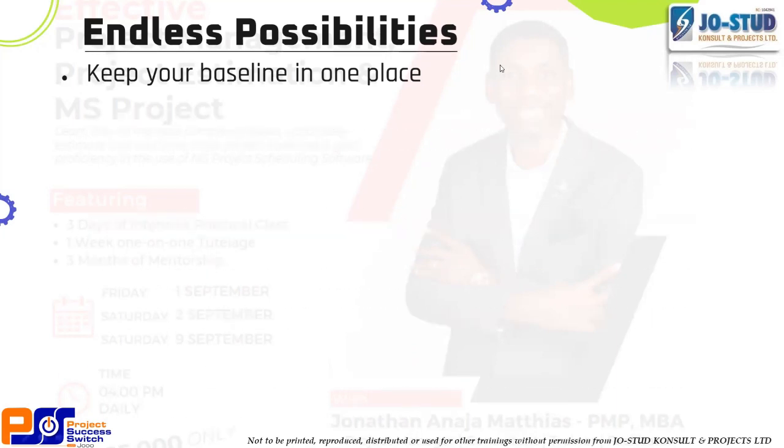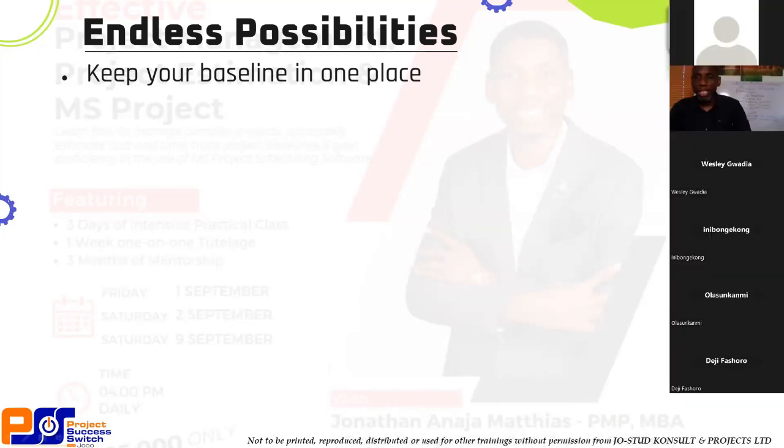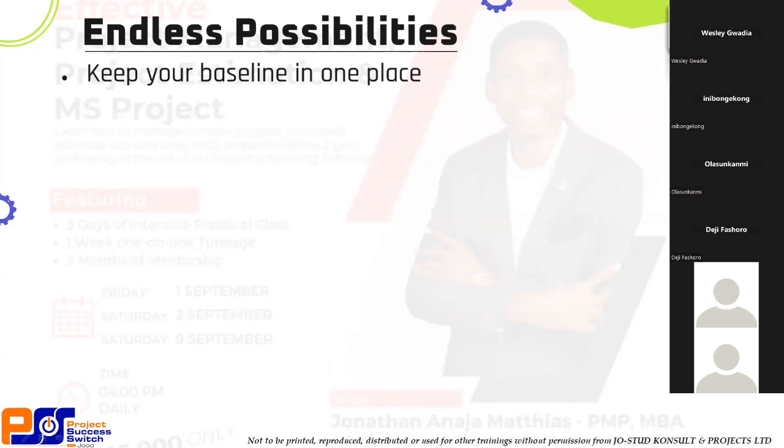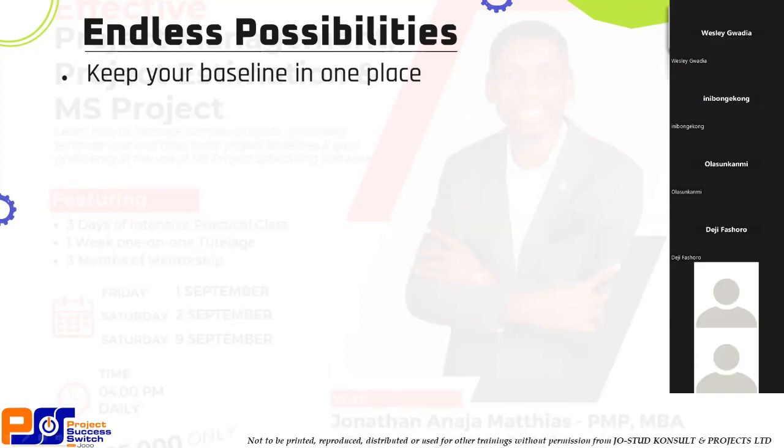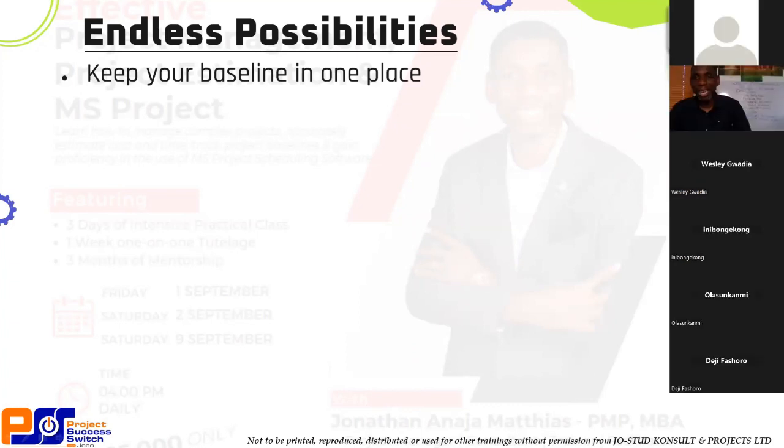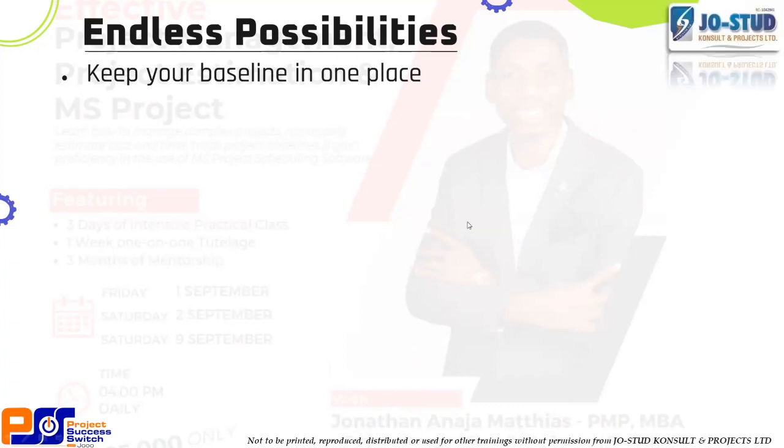Now, Mr. Wesley's project that was circulating now, by the time we are done with what we are doing, you discover that Mr. Wesley can just open his MS Project, and what does he have there? He has all his projects in one place, all his baselines: scope baseline, cost baseline, and time baseline. So you don't need to be looking at all project documents all the time.